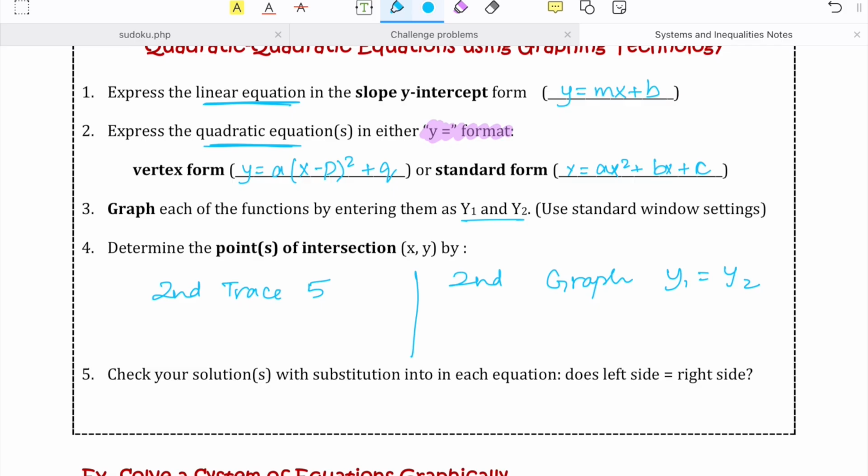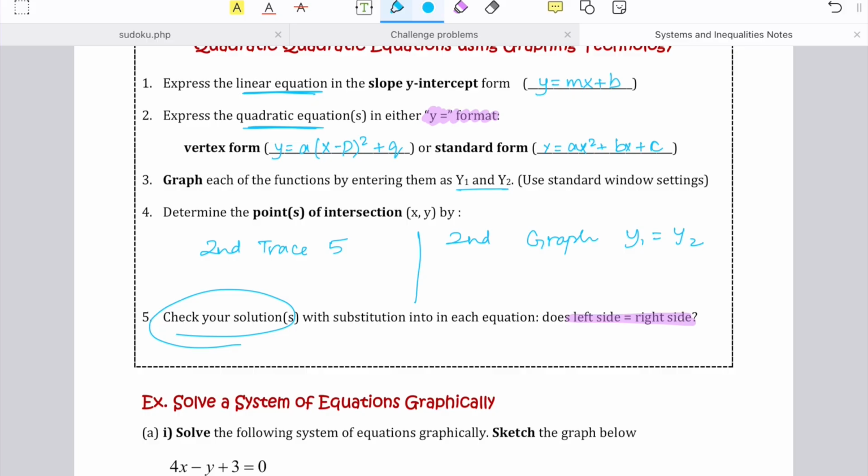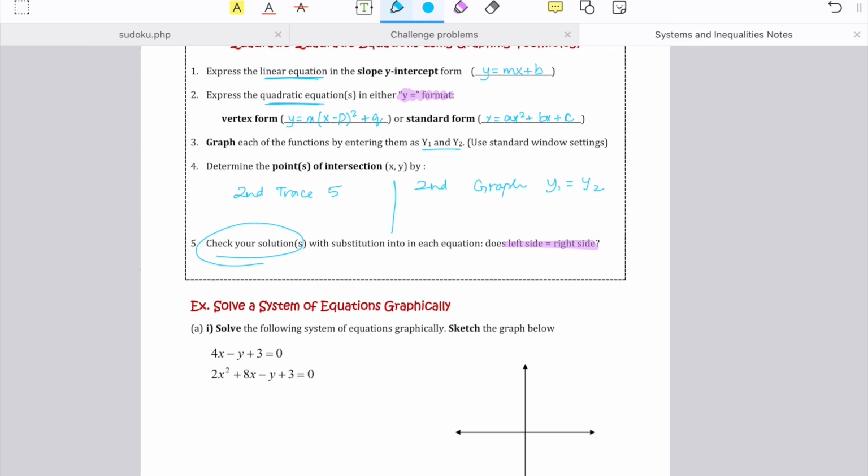Okay, and then to check your solution, we verify by doing left side is equal to right side, similar to what we just did in the grade 10 stuff, as well as quadratics too, right? We did left side is equal to right side over there.